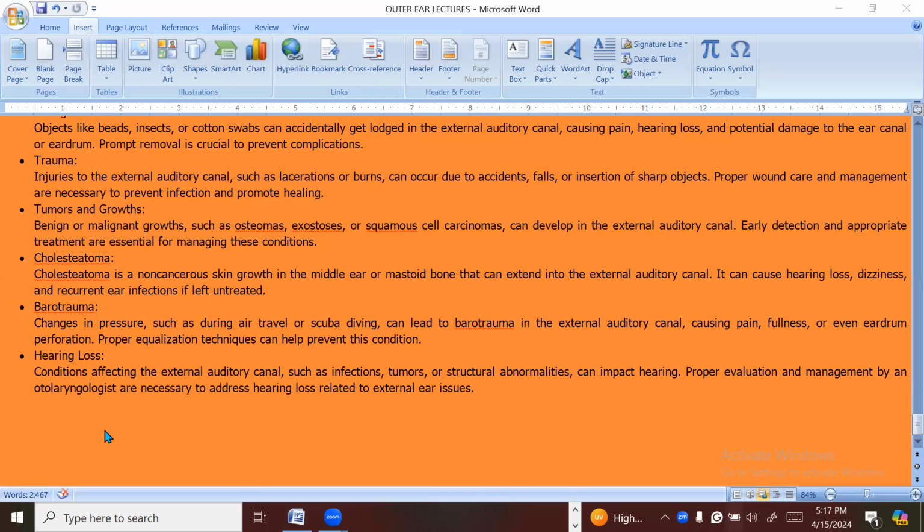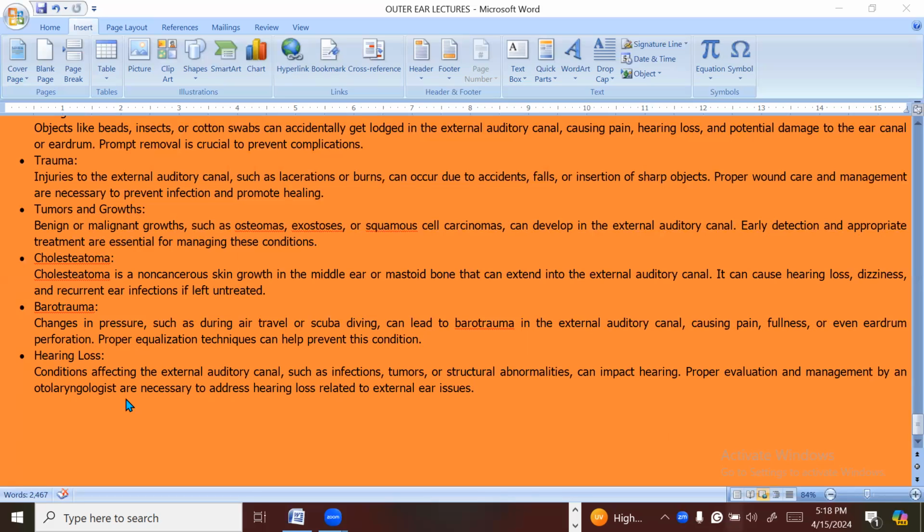Then hearing loss. From our clinical understanding, we've come to realize that certain conditions that can affect the EAC can be a leading cause of deafness, which probably can lead to hearing loss.